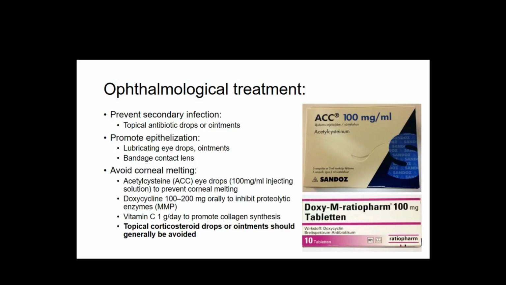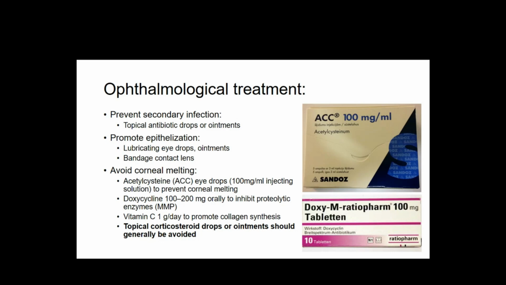And of course, we also want to prevent perforation, and for this we would use acetylcysteine, so ACC eye drops. In our country, we don't have special eye drops. We use solutions that are actually for injection. And this 10% acetylcysteine can be just used as an eye drop to reduce activity of matrix metalloproteinases.